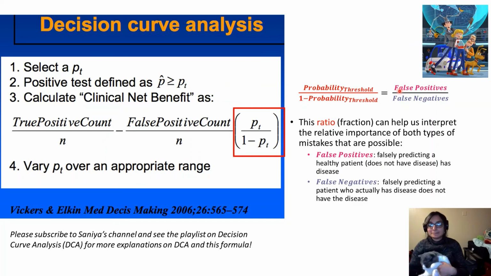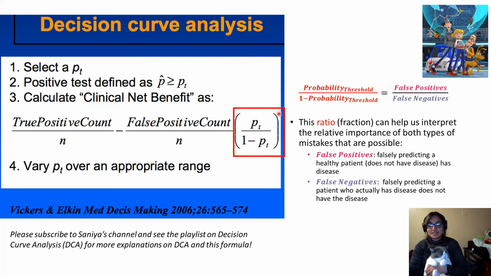How do we weigh the results of falsely predicting that a healthy patient has a disease, leading to unnecessary treatment, against a false negative, wrongly predicting that a diseased patient is healthy and so avoiding necessary treatment? That's what this ratio is building in: our preferences for false positives and false negatives, all with just a number. We give a threshold and it computes the way that we weigh these. And I'll talk about this in other videos, how this threshold shows the weights for false positives and false negatives.